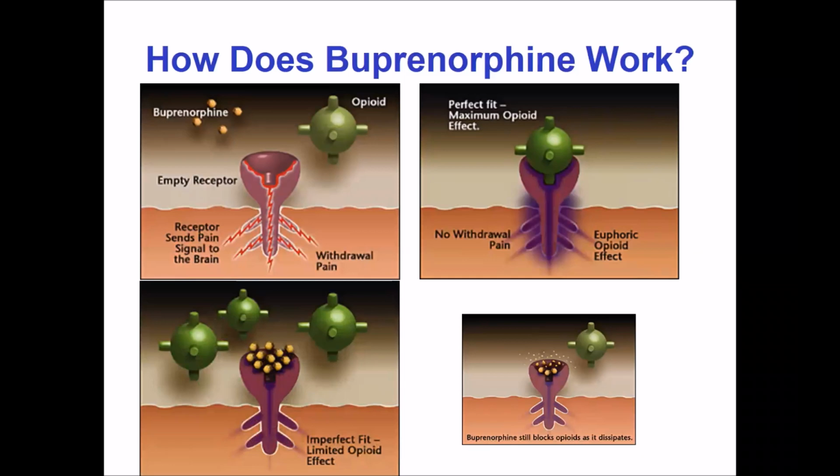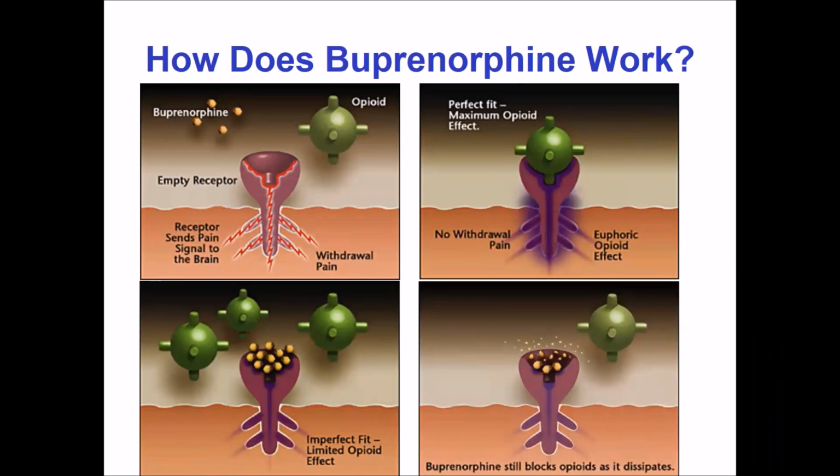Buprenorphine in the small yellow dots works a little differently. It attaches with greater binding affinity, and it's stickier at this opioid mu receptor and actually blocks the other full agonist molecules from attaching to that opioid mu receptor. It does, however, give enough activation at the mu receptor to allow relief of withdrawal symptoms.